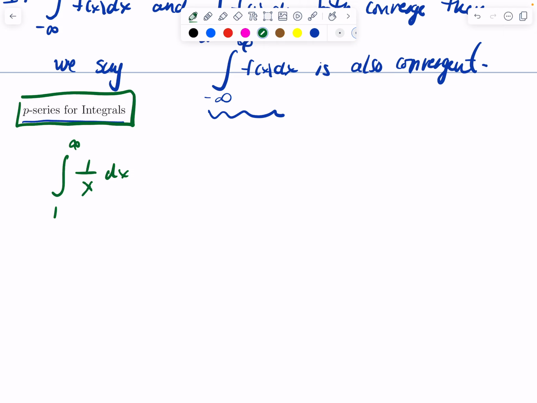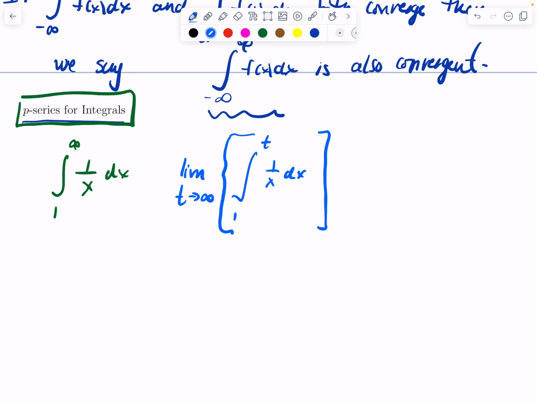So we are going to consider the limit, and I don't like to equate them because remember, this only equals this limit as long as this limit exists, and I don't yet know if this limit exists. So we are going to go from 1 up to t of 1 over x dx. Now the rules of this is just a definite integral, so everything we've learned about definite integrals applies to this. So we evaluate this integral first, and then we take the limit.